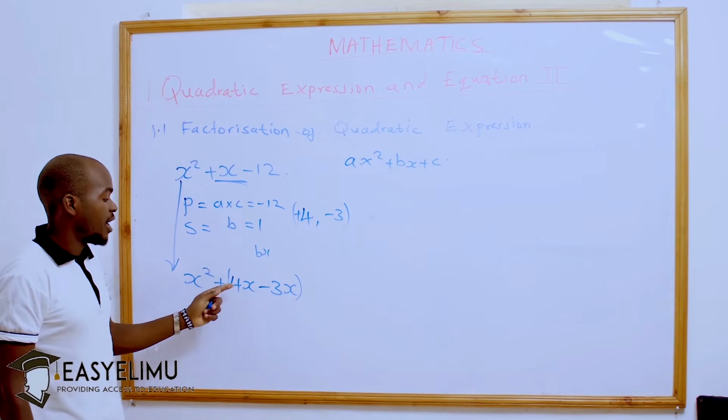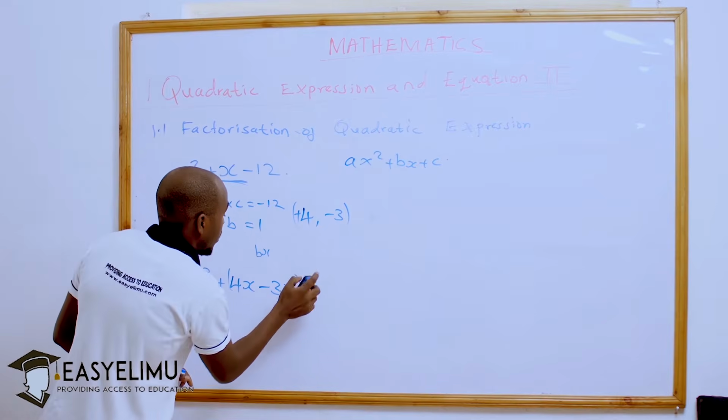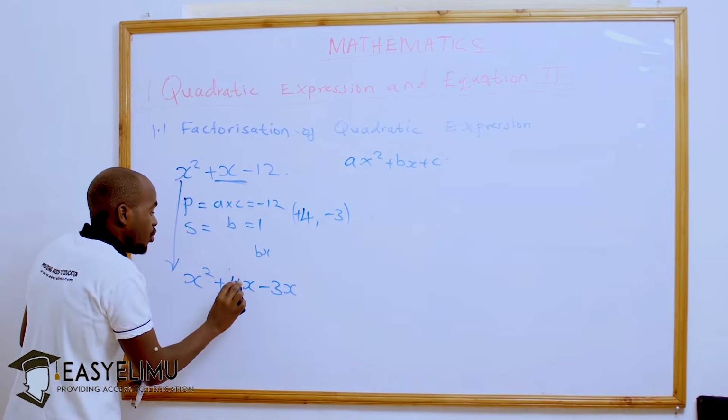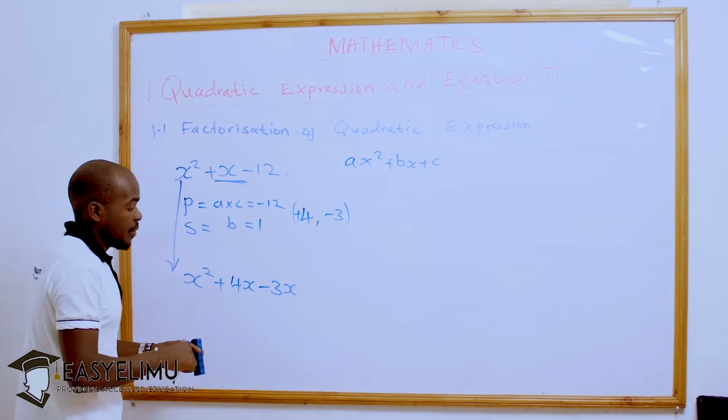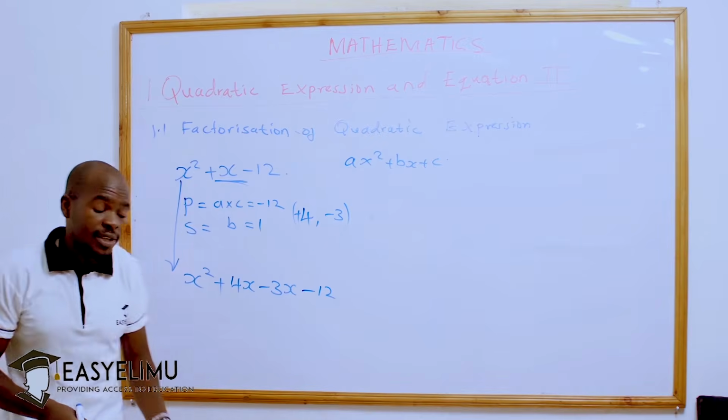So I just replace, and if you do this, you are going to get the same thing up there. And then you write negative 12 to complete the expression as it was.